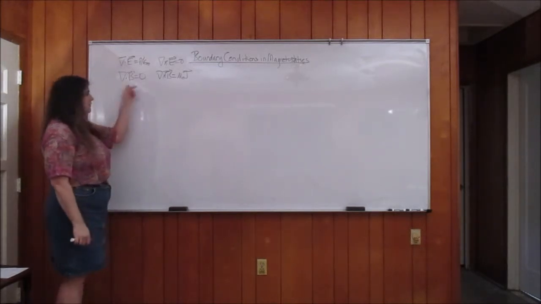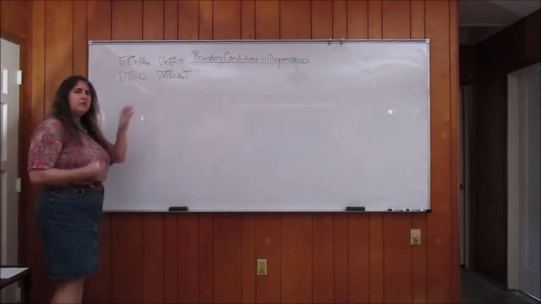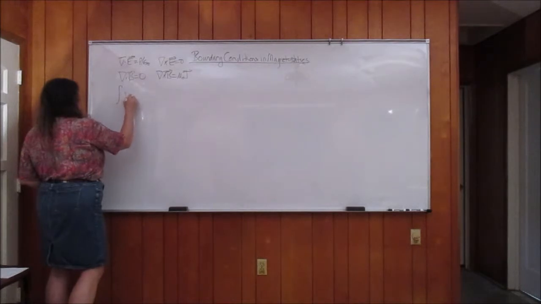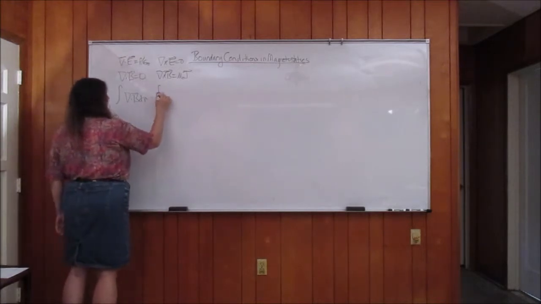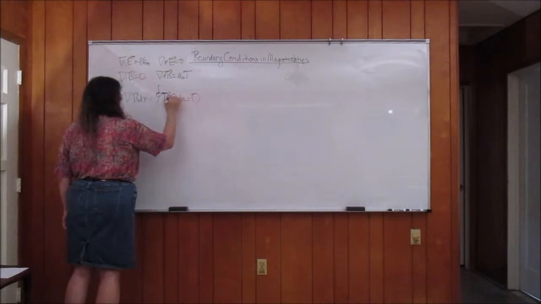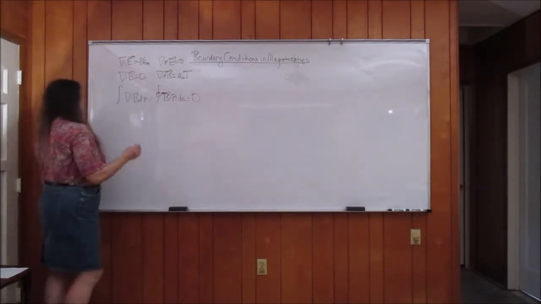Let me look at this expression in a little bit more detail. I'm going to apply this to a volume. I can make use of the divergence theorem, and that just tells me that the flux of the magnetic field through a closed surface vanishes.